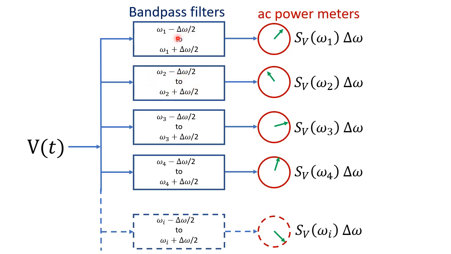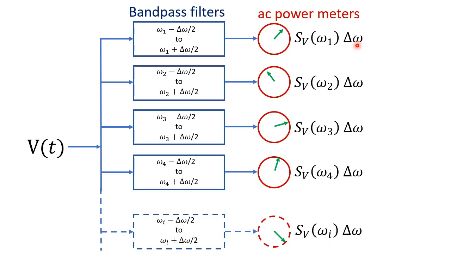So the whole spectrum is divided into bins, and as V of t comes in, different spectral bins will contain different amounts of energy. That is precisely what one is measuring: the power content at omega 1 in the bin delta omega about that frequency omega 1. So you'll get a number here. The collection of all these from omega 1 to omega n is precisely the spectral density function that I am talking about.